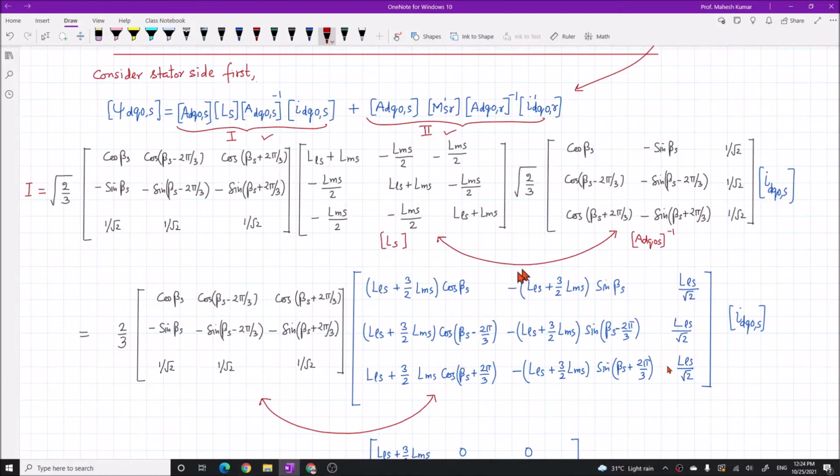We will get LLS plus 3 by 2 LMS cos beta S if we multiply this and this together. The next element is minus LLS plus 3 by 2 LMS here, and the third one is LLS by root 2.